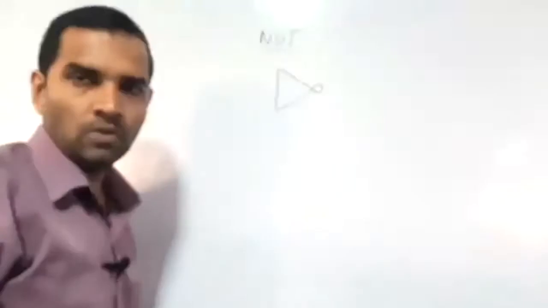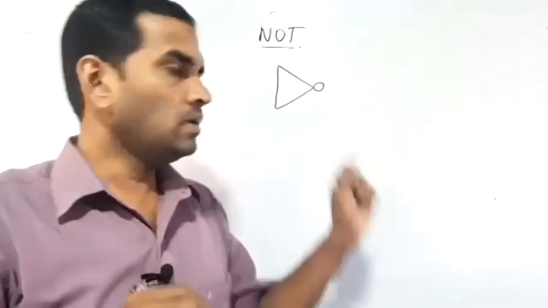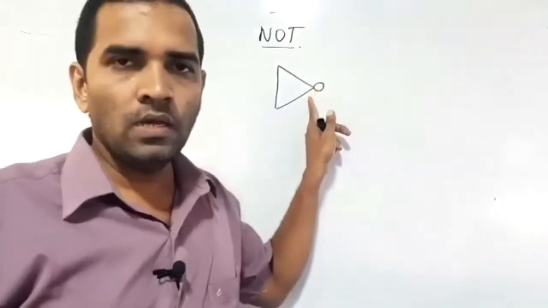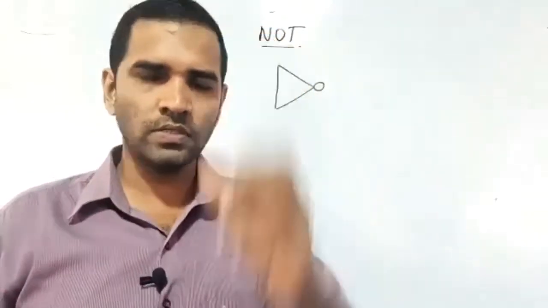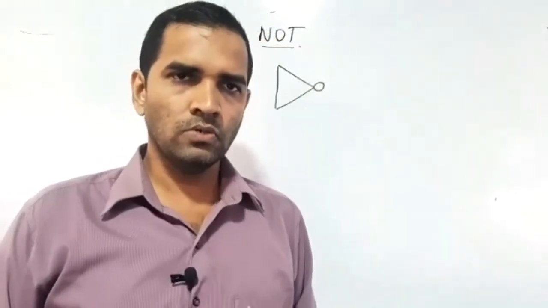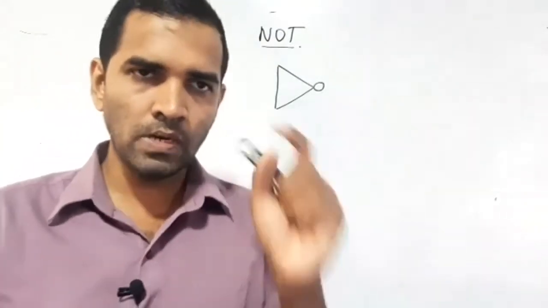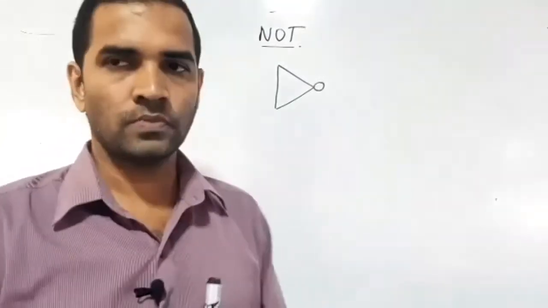So this is the symbol of the NOT gate, a small triangle and a small circle here in this part. We often call that a bubble because it's too small. Since it's too small, it is always known as a bubble. You know, a bubble is always small, right? So this is the symbol.